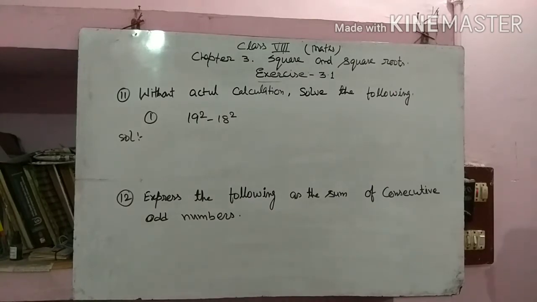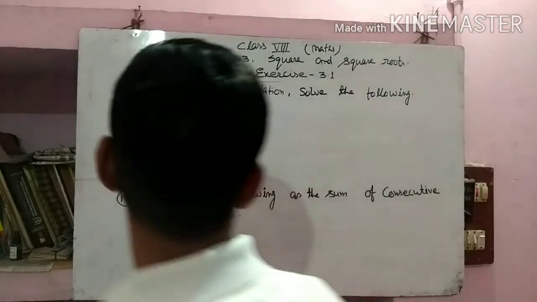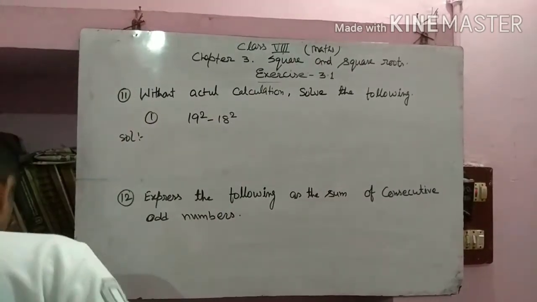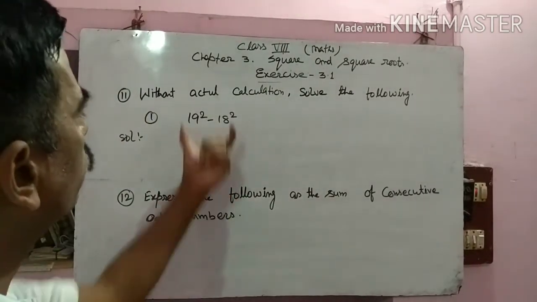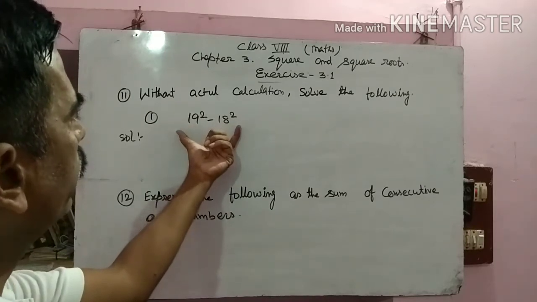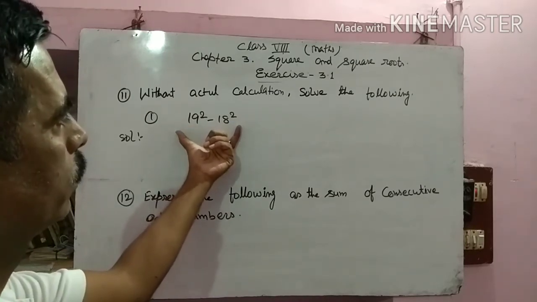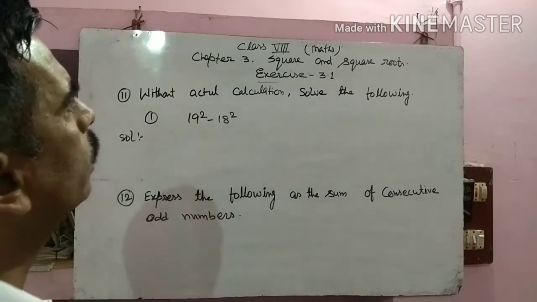Look here, question number 11 is saying without actual calculation, solve the following. Means we have to get the value of 19 square minus 18 square. Okay, without actual calculation.